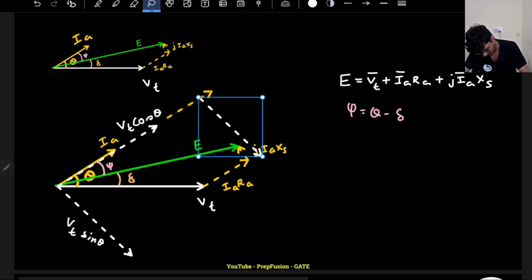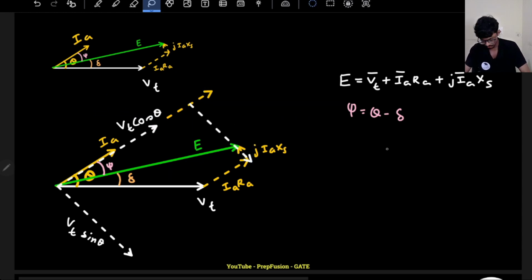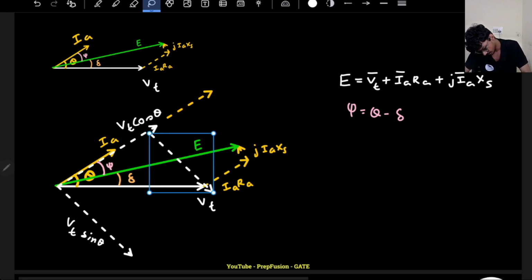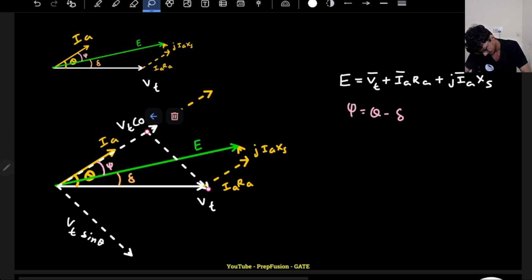So basically this should come here, because it is completing a triangle. It should absolutely complete a triangle, somewhere around here. This should be the length of Vt sin theta, and this should be the length of Vt cos theta.